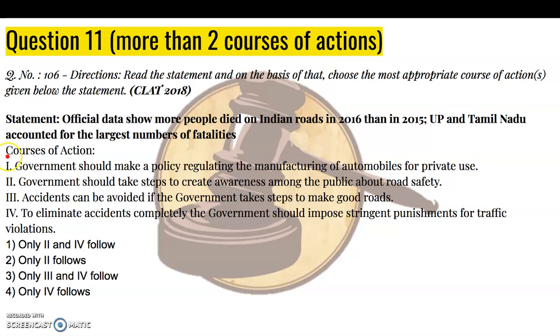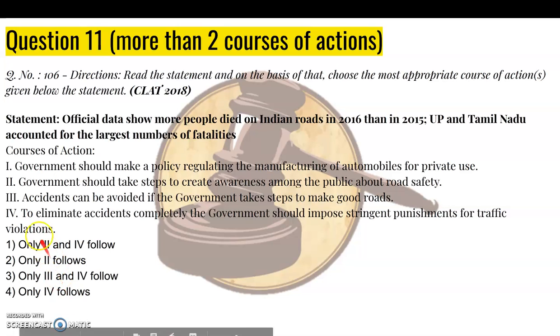We can skip it and directly move to the second course of action, which says that government should take steps towards creating awareness among the public about road safety. This is a very perfect course of action. It is mandatory to take steps to create awareness. So whatever option we select, it must have two. That means it can be only one or two. The other options won't be viable.